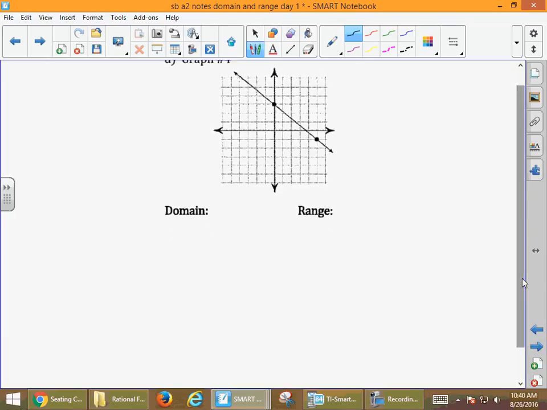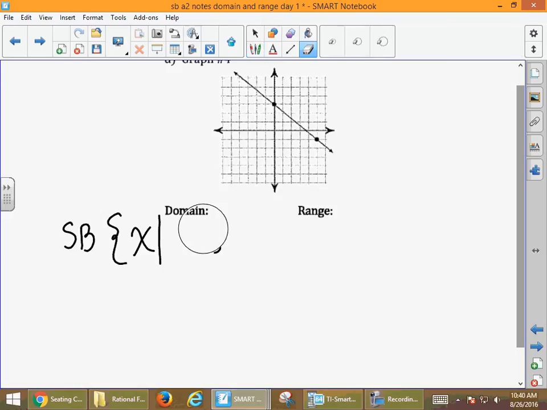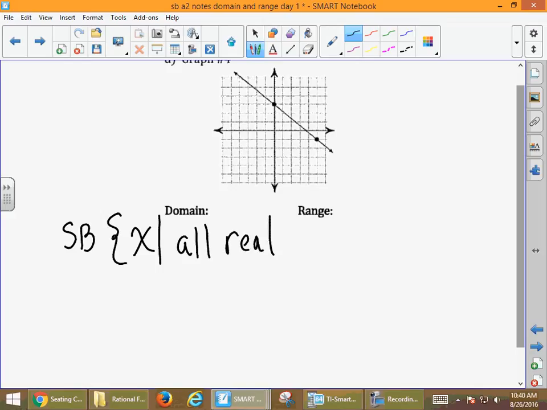So, first of all, I'm not a big fan of memorizing, but this is one I think you should memorize if you don't know it. The domain in our set builder notation, for all values such that x, and I don't really need to write that, I just write all reals, is all reals.